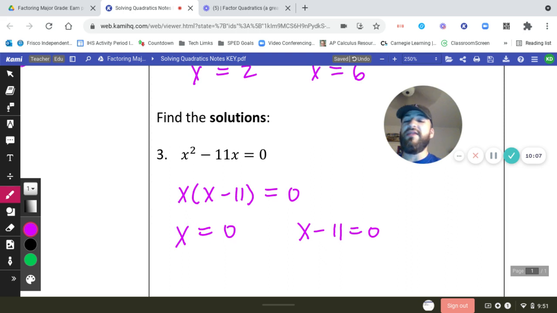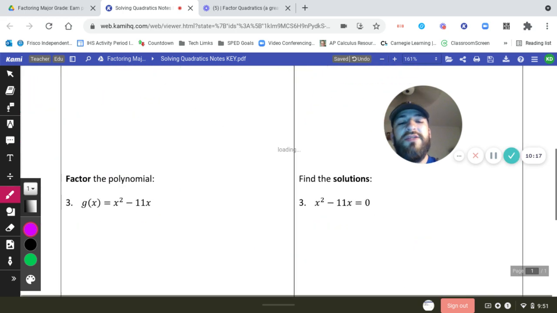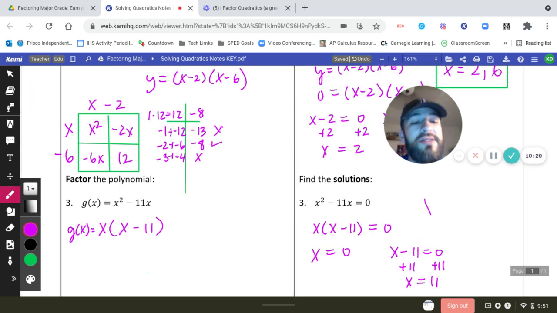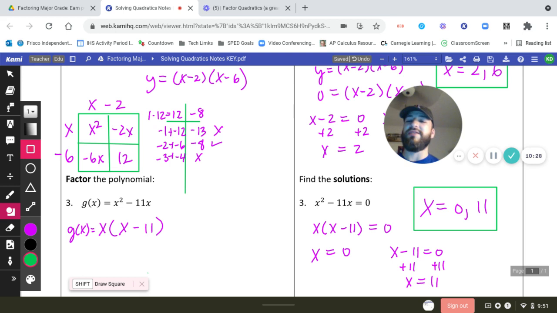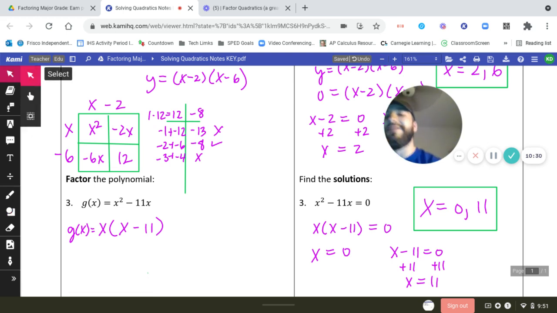I don't need to move anything, x is already by itself. x minus 11, I do still need to add 11, which gives us x is equal to 11. So my two x values, my solutions, are x is equal to 0 and 11. So even though it's weird, it was actually way less work than all the rest of them. So sometimes the weird ones can be nice.